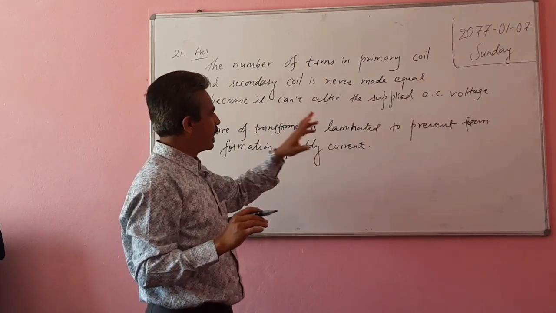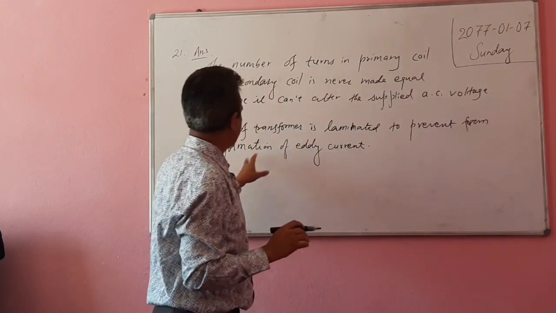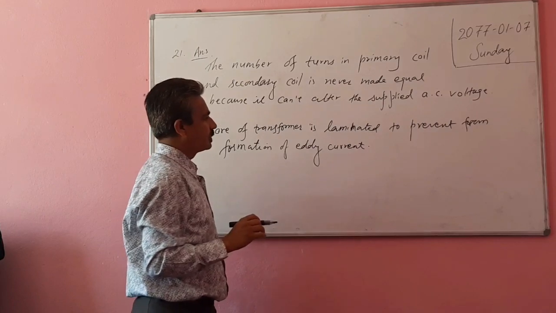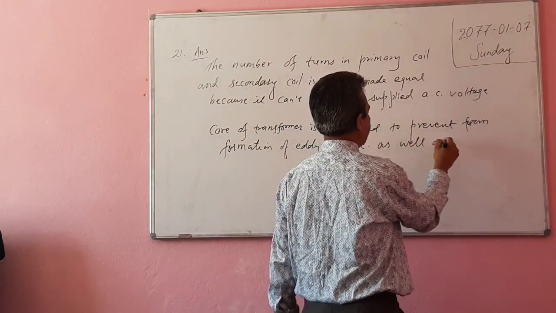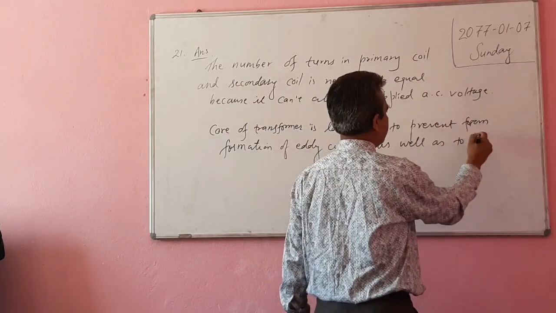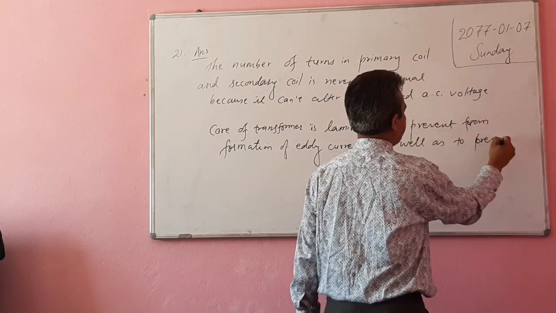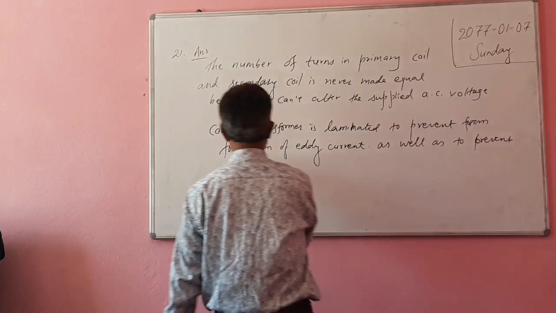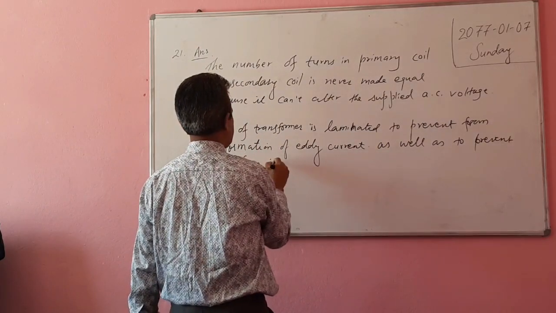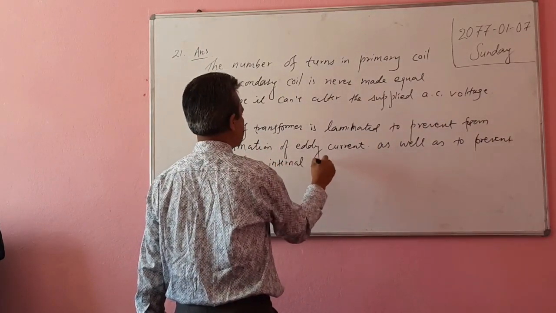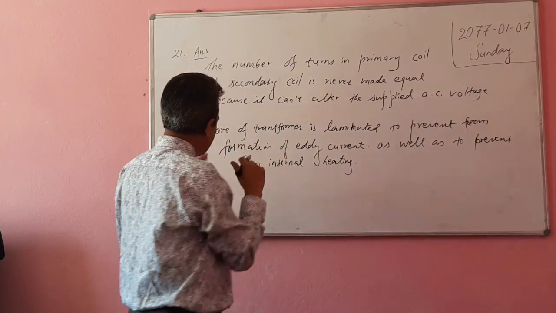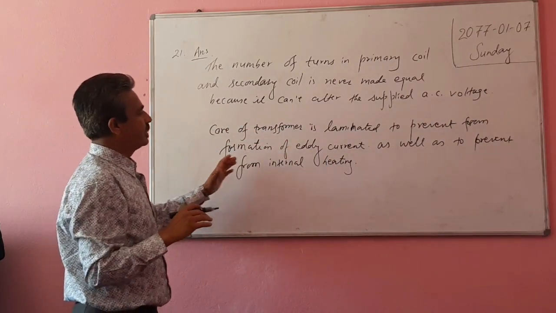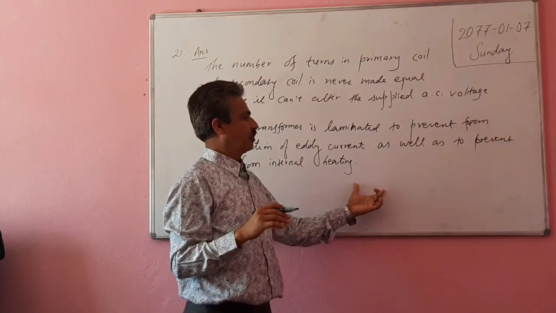Core of transformer is laminated to prevent the formation of eddy current, as well as to prevent internal heating. When the core of a transformer is not laminated, it becomes hotter.